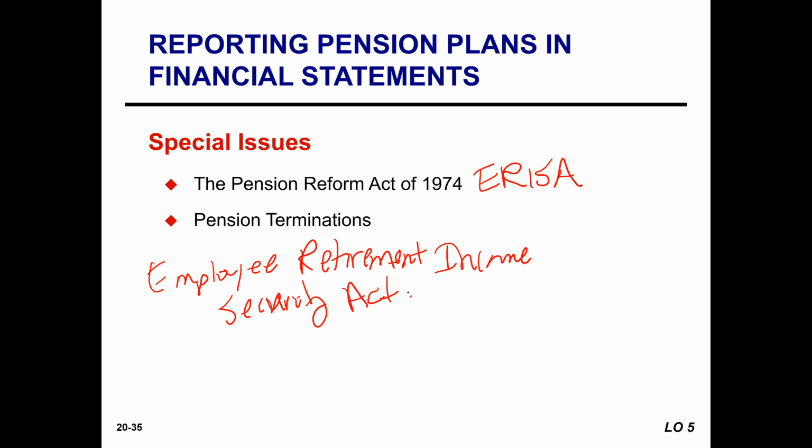And then pension terminations. Again, several companies have terminated their pension plans and switched over, because again, with a pension plan or a defined benefit plan, the employer basically carries most of the risk.